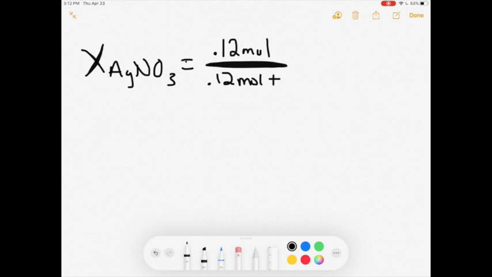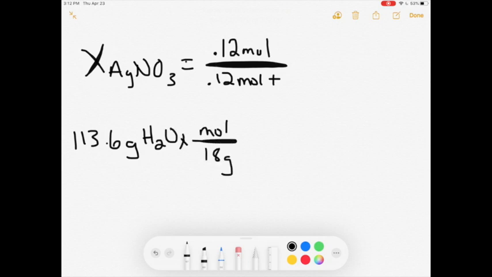So now we just need to find the moles of water, which are 113.6 grams. And we want to divide that by the molar mass of water, which is 18. Okay, and that gives us 6.3 moles of water.